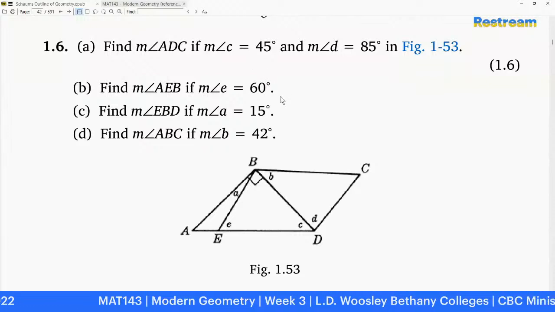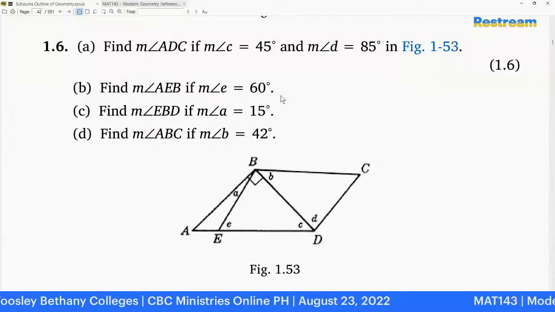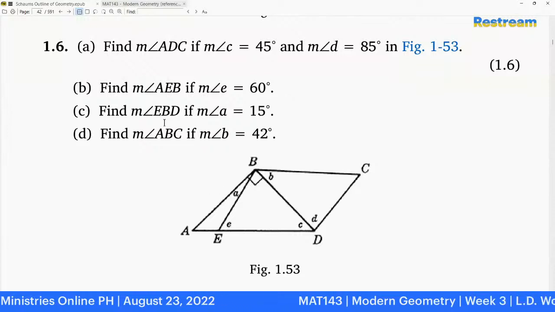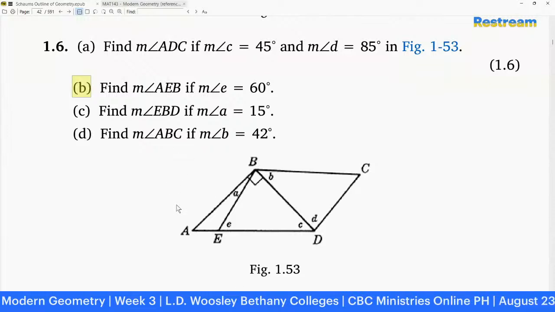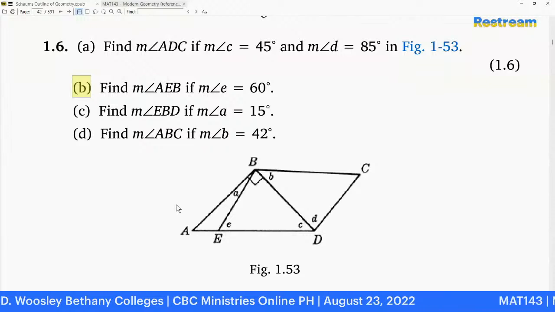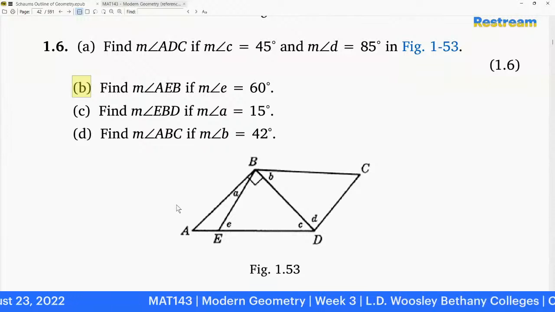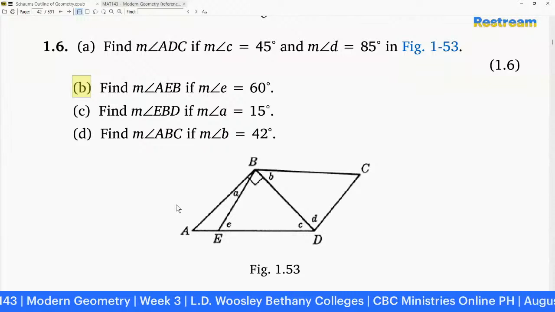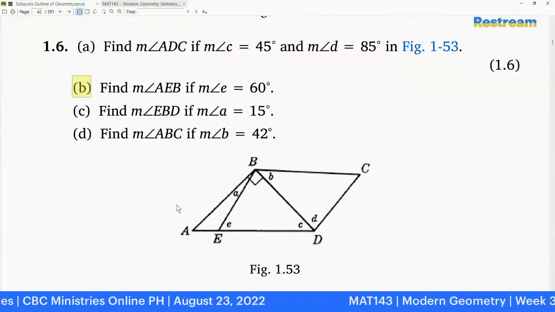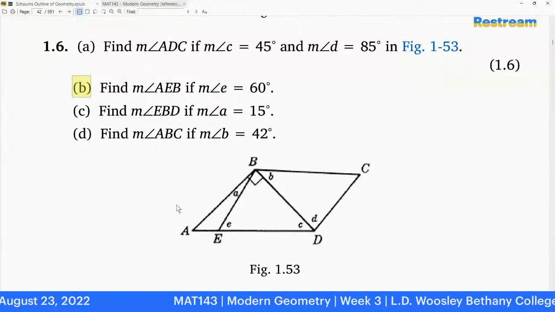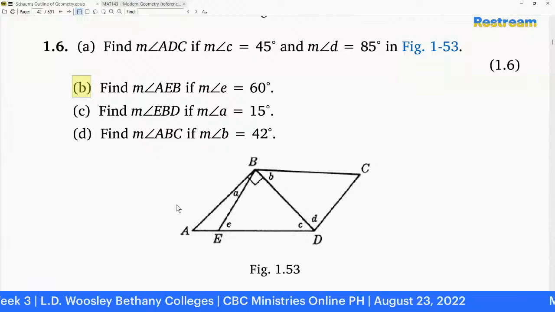Micaela for letter B. Angle AEB. Measurement. 120, sir. Okay, 120 because of the supplementary rule. Correct.